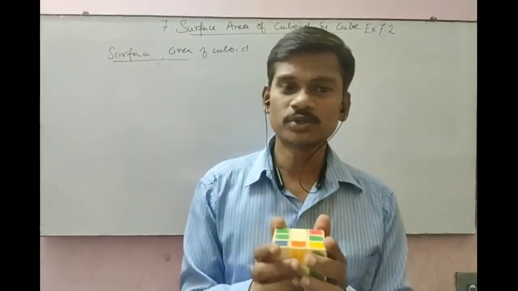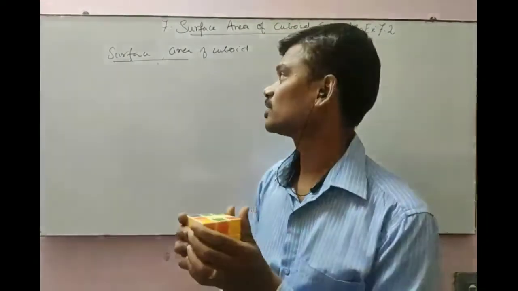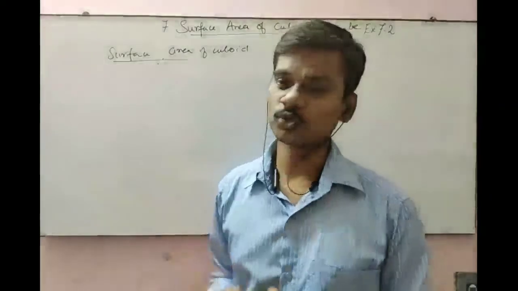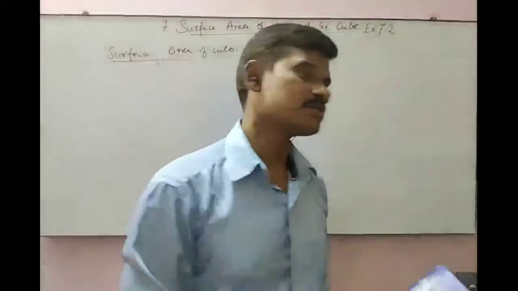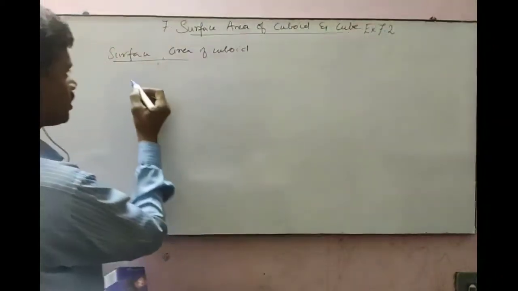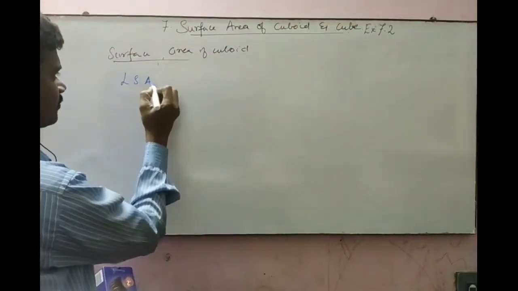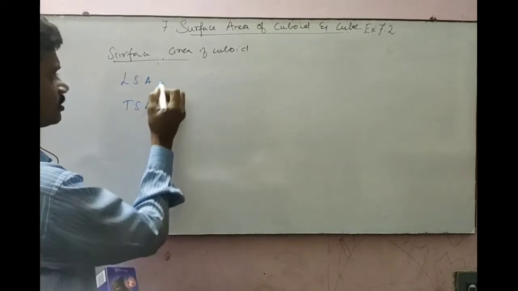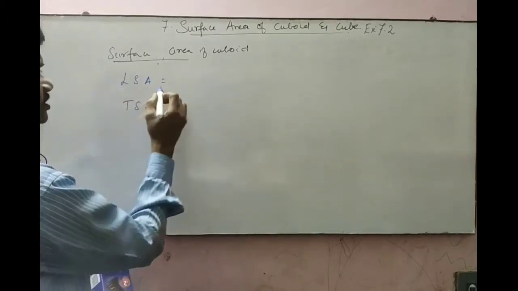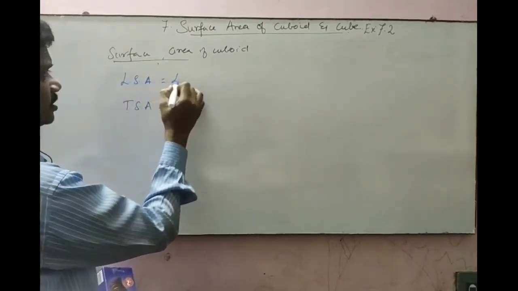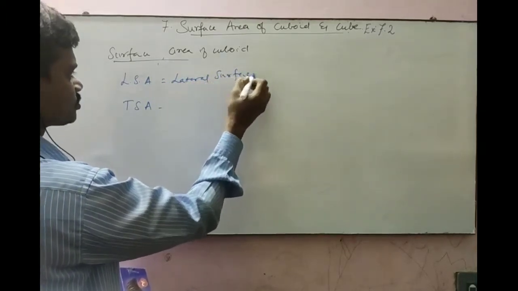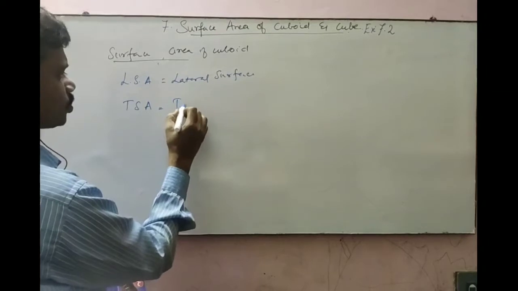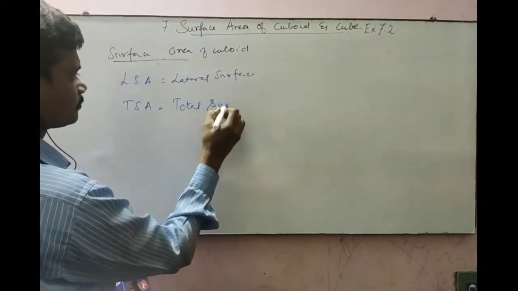Now we are going to learn the formulas to find the surface area of a cuboid. In the cuboid, surface area has 2 types: one is the LSA, the other is the TSA. LSA means lateral surface area, and TSA means total surface area.